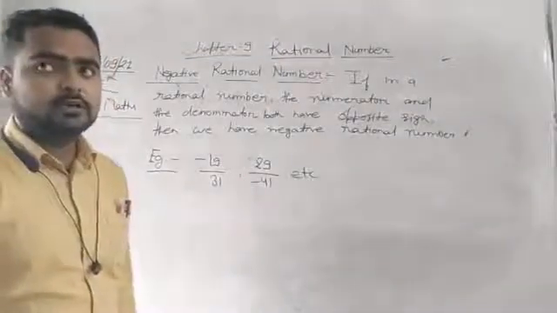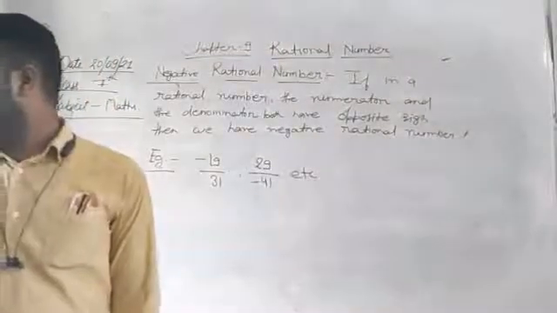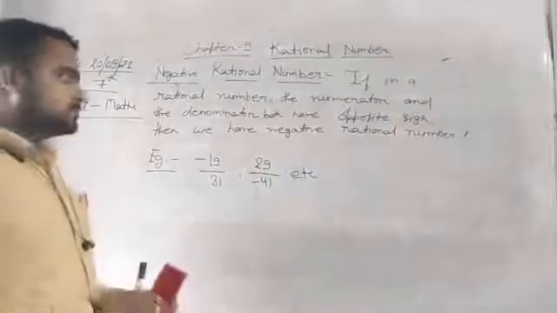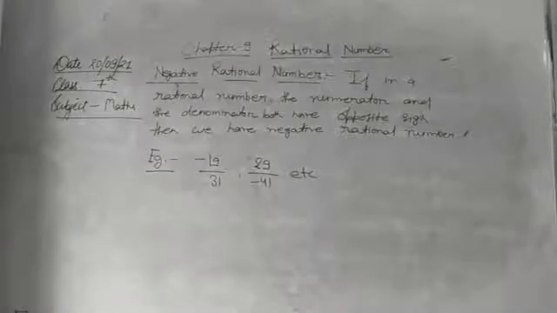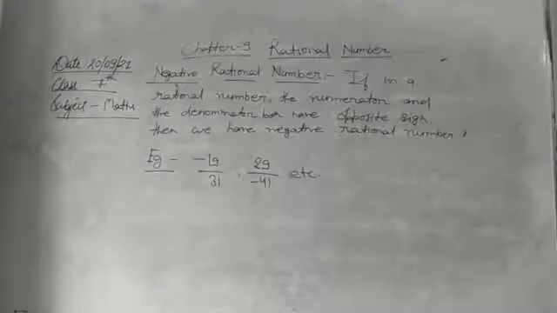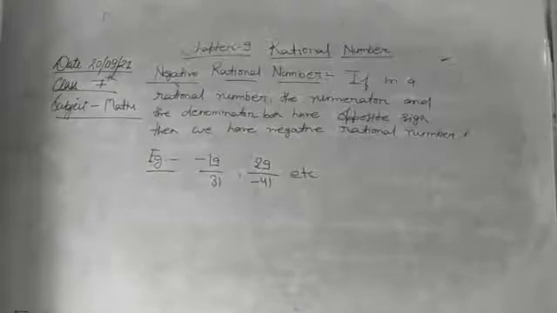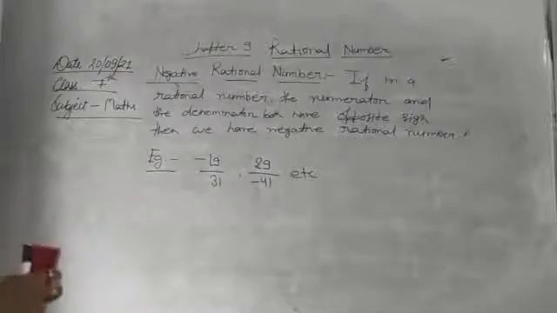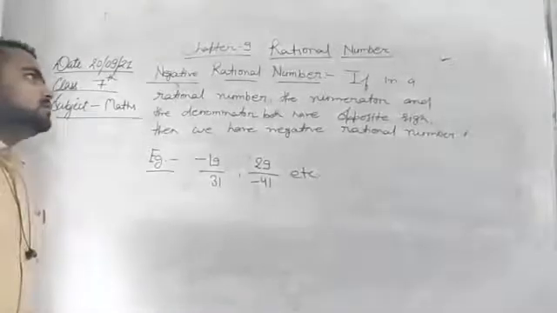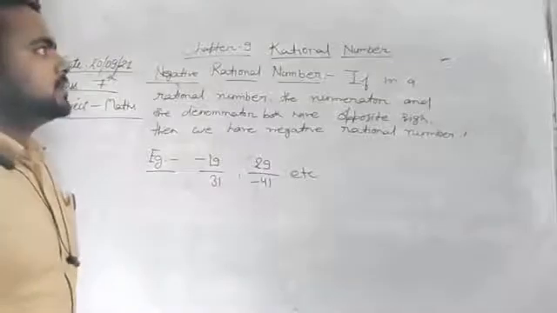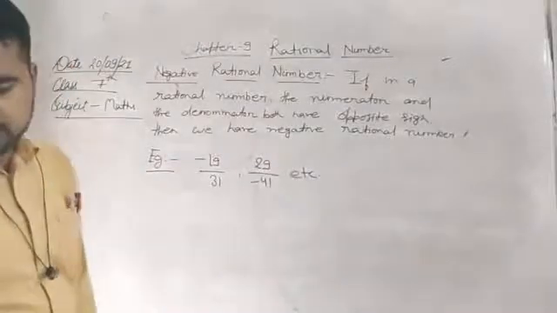So it is also an example of a negative rational number. Now note it down. Only by the sign we can check whether they are negative rational numbers or positive rational numbers. Okay.